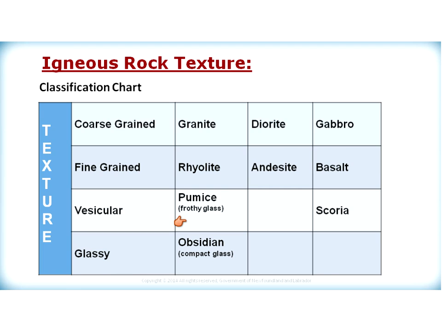So pumice is a vesicular texture found in felsic igneous rocks, and scoria would be a vesicular texture found in mafic igneous rocks. And the last would be the glassy texture, which would be obsidian, which is compact glass when a felsic igneous rock comes in contact with snow, ice, or cold water, and the felsic composition of lava would cool instantly, forming obsidian.